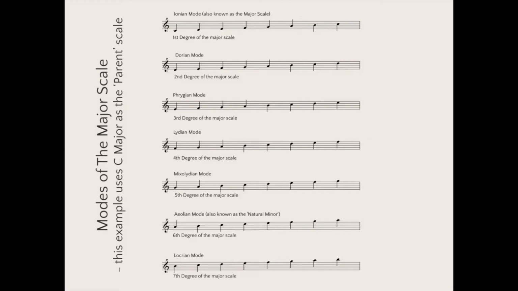And the Phrygian mode. The Lydian mode at the fourth degree. The Mixolydian mode. The Aeolian mode, which is also known as the natural minor. And lastly, the Locrian mode, which is the 7th degree of the major scale.